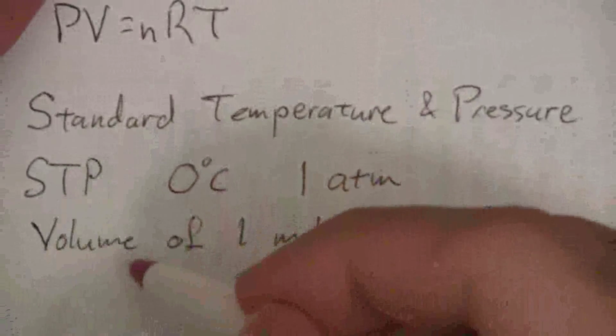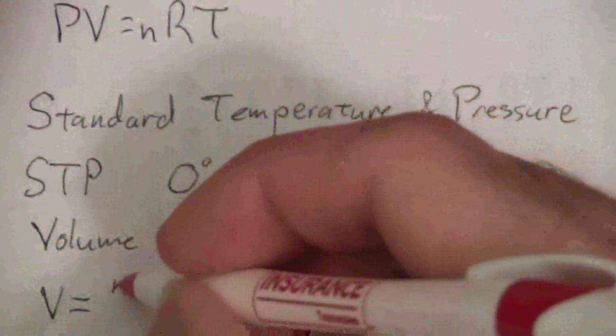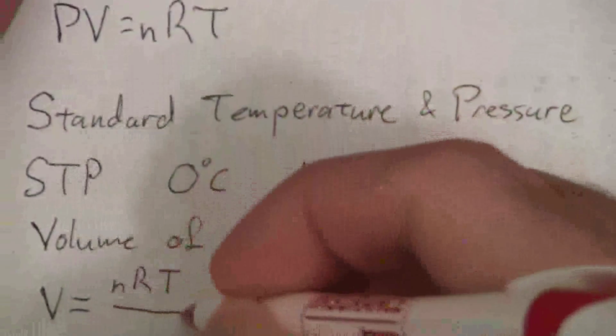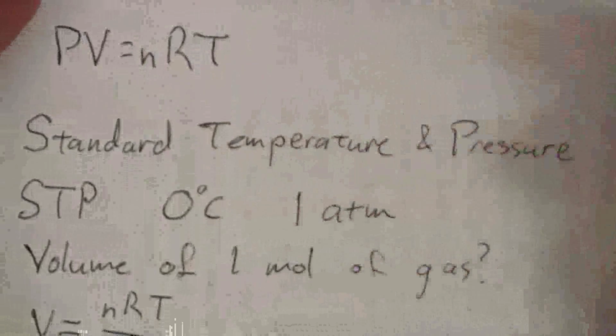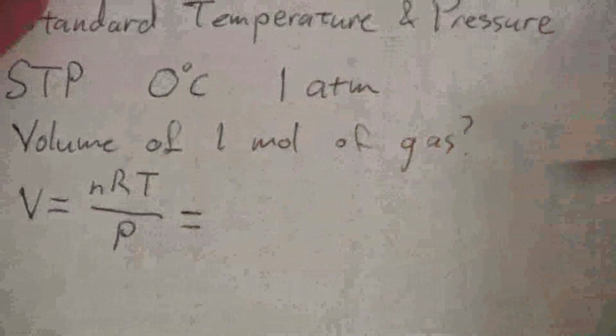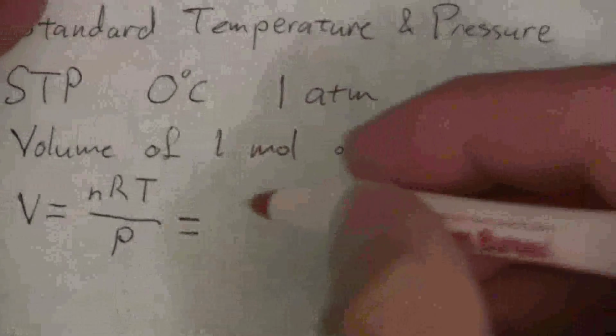First of all, we want to find the volume, so we can solve this for volume, and that would be nRT over P, just dividing by pressure. Then we can plug in our values and see what we end up with.